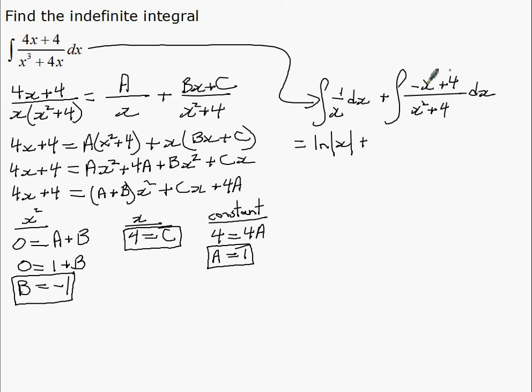And we have a little more difficulty integrating this. The derivative of x squared plus 4 does not give us negative x plus 4, so u substitution is not going to work. But what we can do is write this as two integrals: negative x over x squared plus 4, and 4 over x squared plus 4.